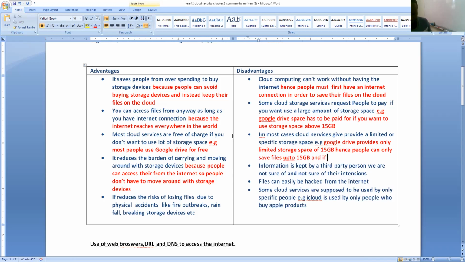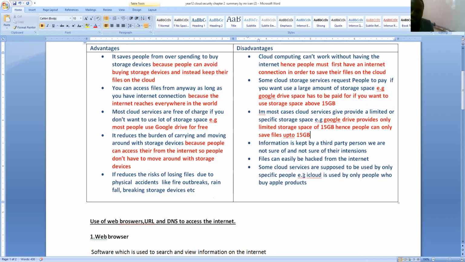And you have to pay if you need more. That's what they give you. They give you only 15 GB. You understand? Yeah. Up to a maximum, that's what they will give you.